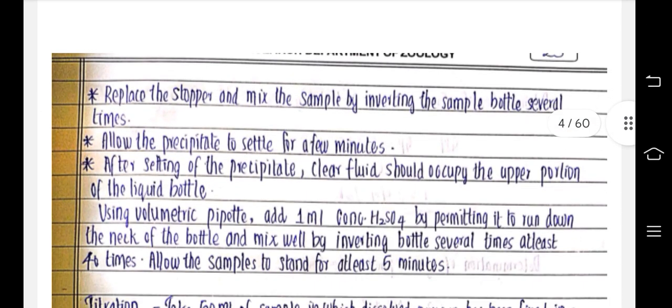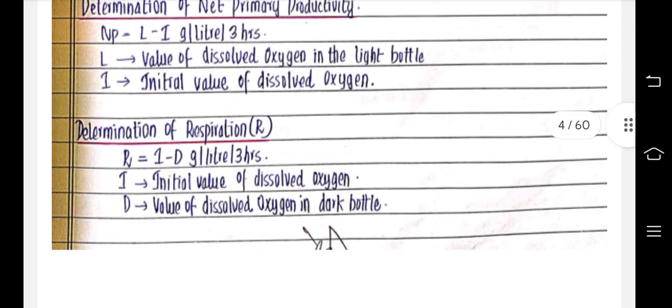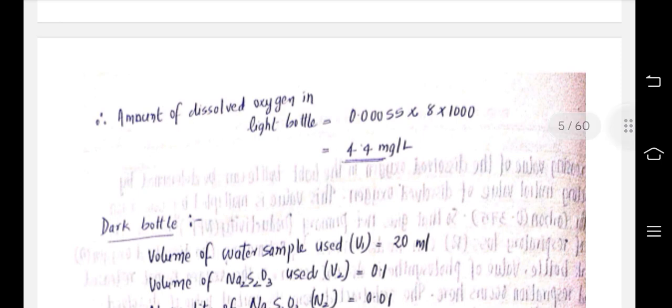That means normality of water sample is equal to normality of Na2S2O3 into volume of Na2S2O3 used by 20, where 20 is the volume of water sample. Equivalent weight of O2 is 8 gram. Same is the case with the light bottle. Amount of dissolved oxygen in light bottle is equal to N into 8 into 1000, in mg per liter.